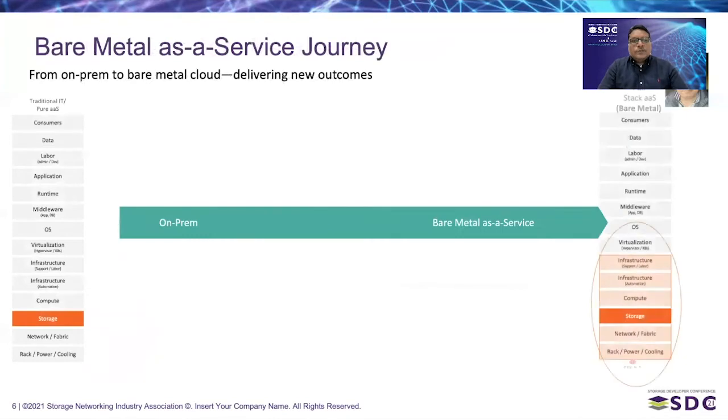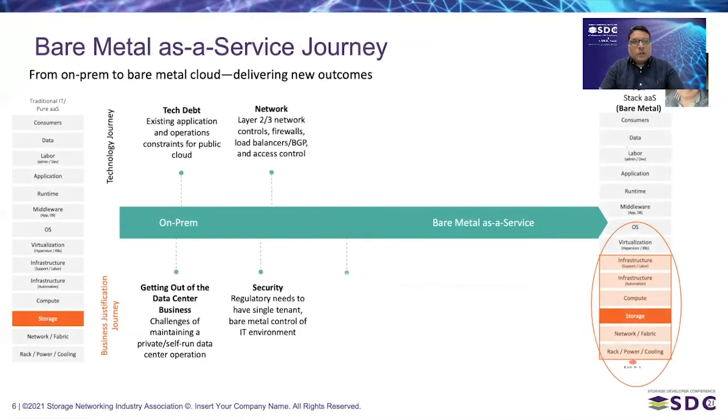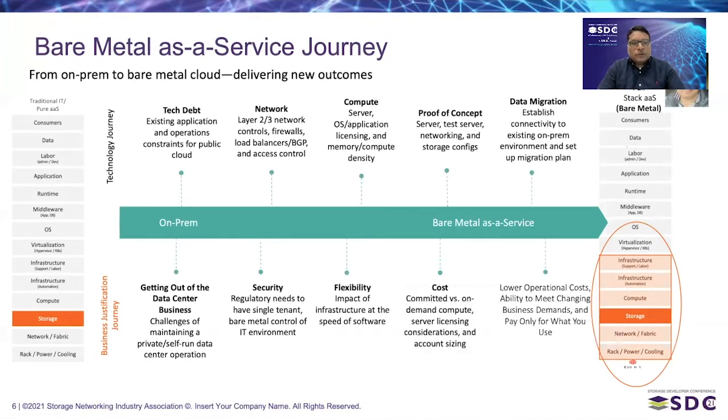So let's look at the journey. If you saw the left-hand stack, what we are focusing on is the lower half, the bottom of the stack, which talks about the infrastructure and how this infrastructure is being provisioned as a service. Why did this journey start in the first place? As I said in the beginning, there are a lot of applications.